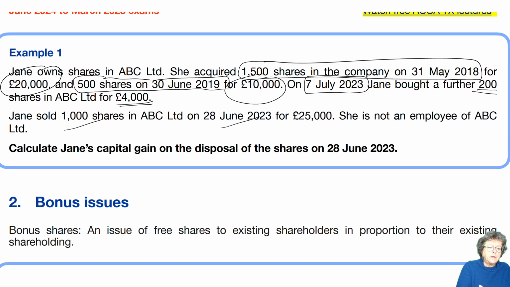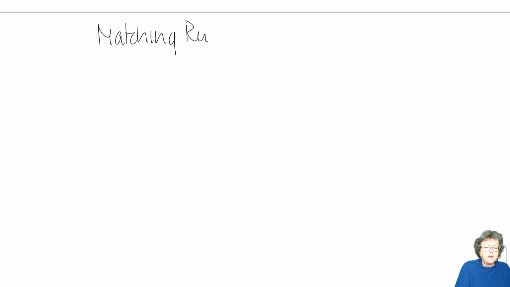Okay, so let's get a clean sheet of paper and I will show you how that works. So when you have to do one of these, I want you to start with the matching rules. This is going to give the marker confidence that you know what you're doing.